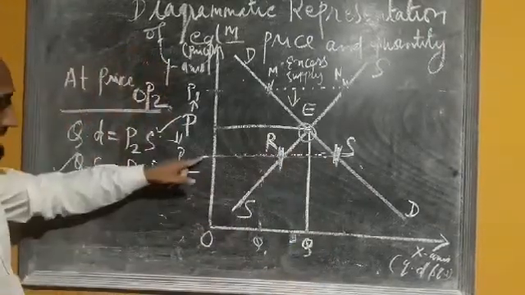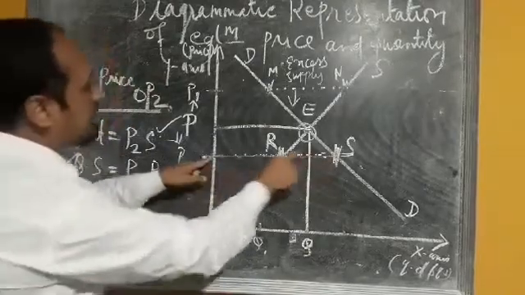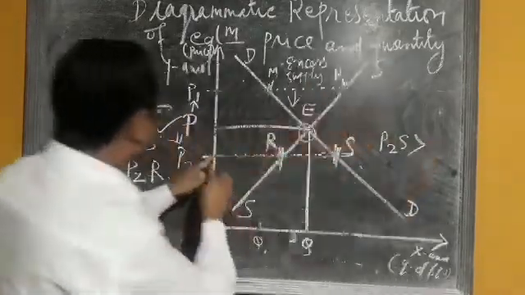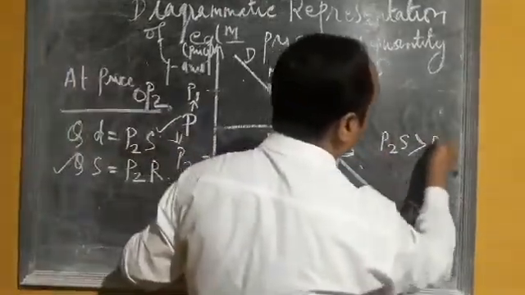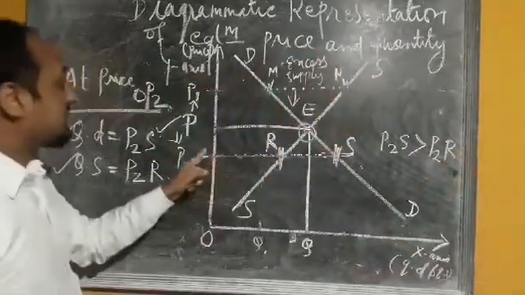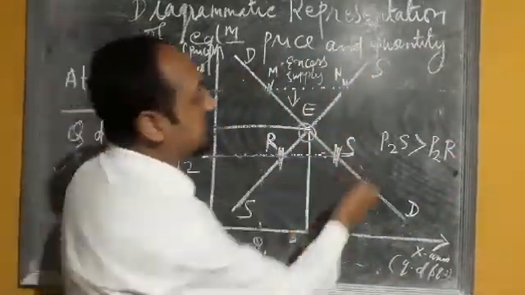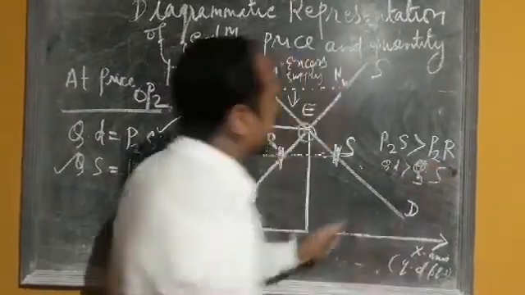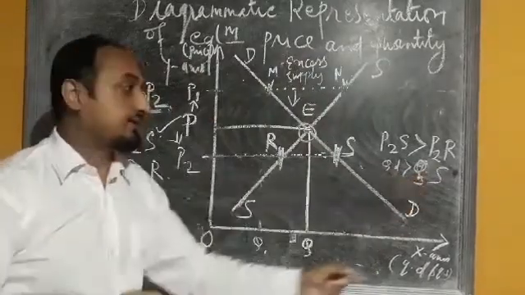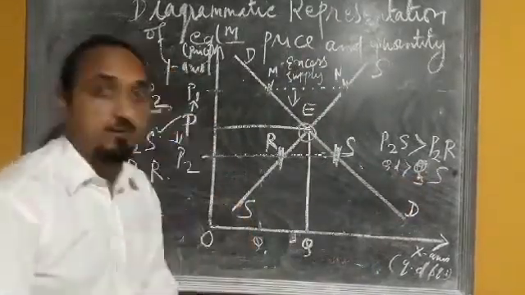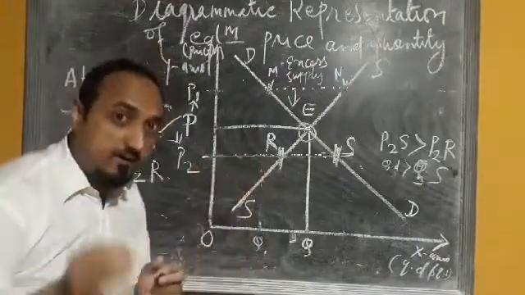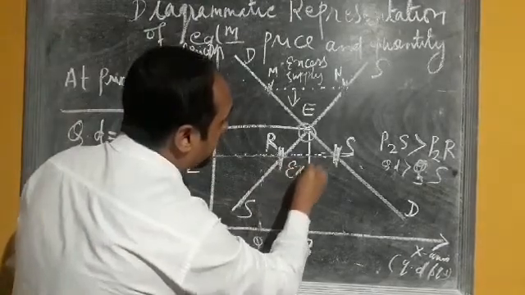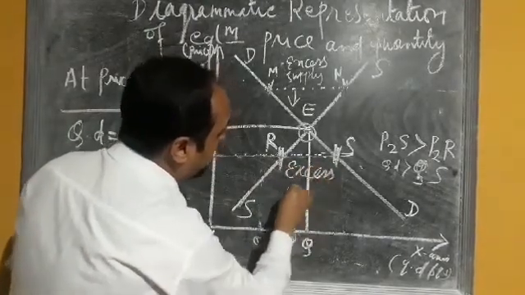P to S is greater than P to R. That means quantity demand QD is greater than QS. So if quantity demand is greater than quantity supply, then the situation of excess demand will arise.